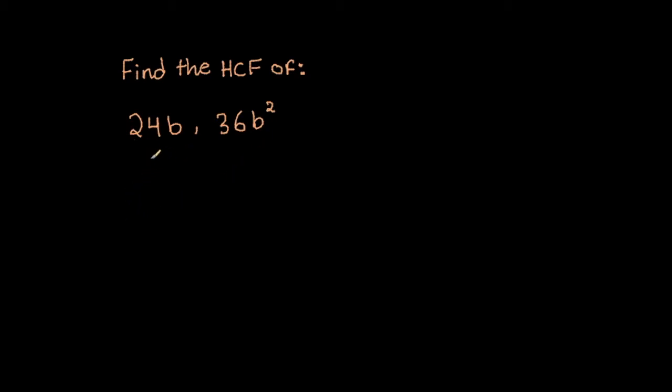Okay, so let's start with breaking down 24b. Now the 24 here can be written as 6 times 4. So I'm going to write it as 6 times 4, and then times b.